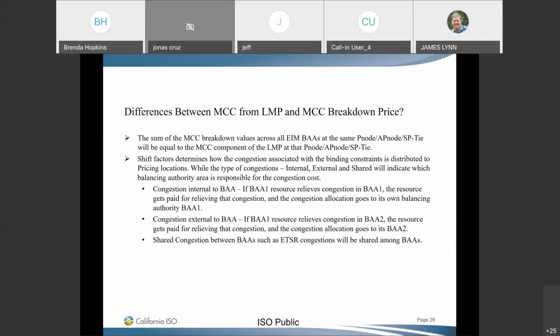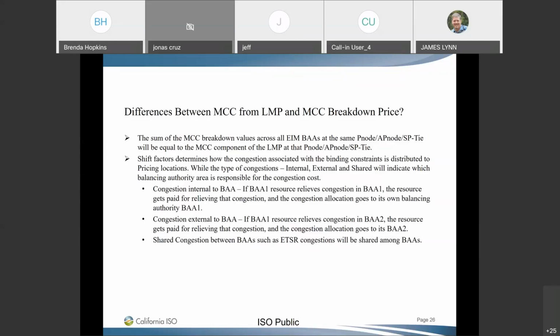And for those who, I don't know if anybody's been following the asymmetric wheeling issue, SMUD hasn't had to deal with this, and BANC wouldn't have to deal with it except you have TID. What it is, energy gets injected into the EIM area at one balancing authority area.